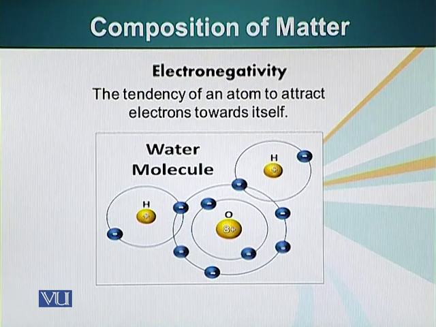This ability of an atom to have greater pull on the shared pair of electrons is called electronegativity. So oxygen is more electronegative than the hydrogen atom, which results in a partial negative charge on the oxygen atom.